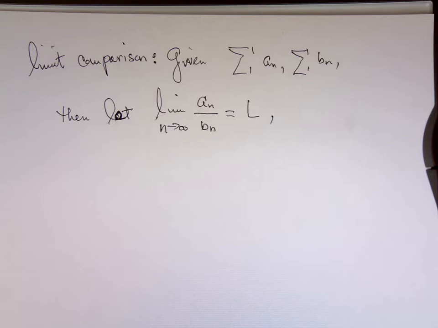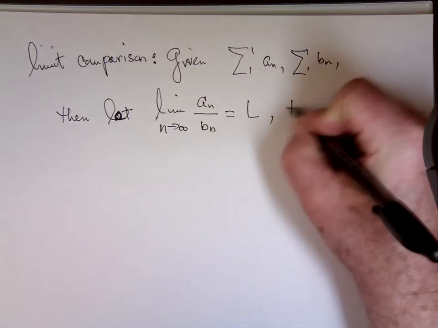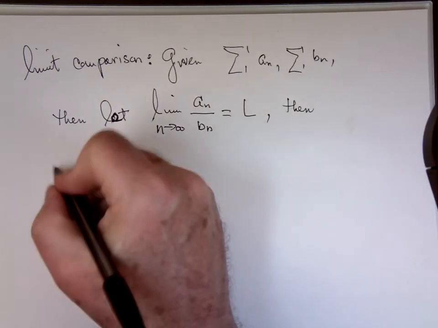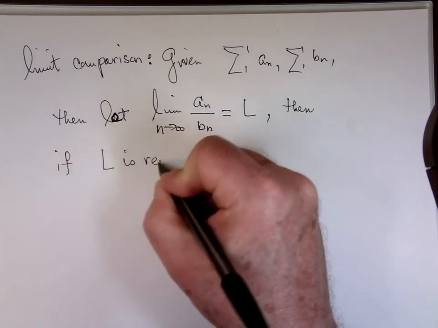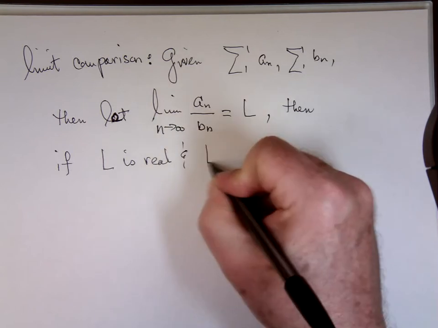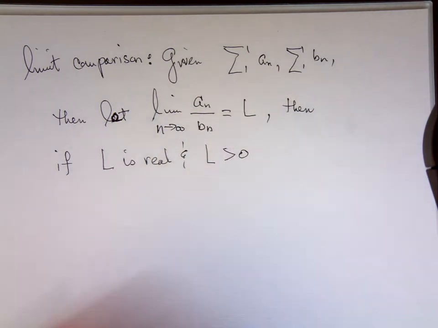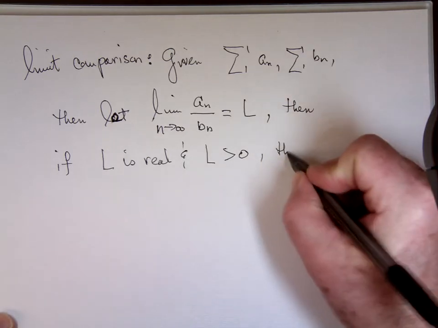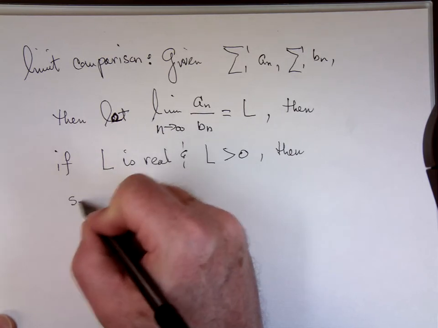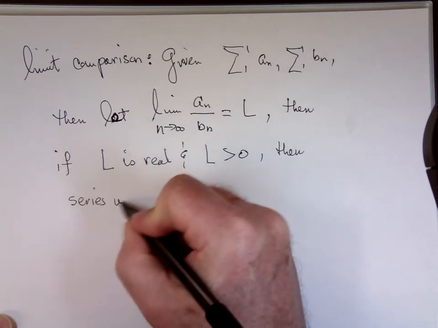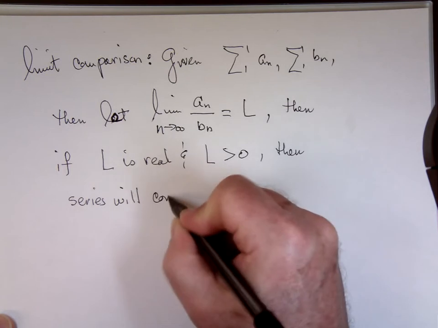Let that limit equal L. Then, if L is real and L is greater than 0, in other words, the limit exists and is greater than 0, then the series will converge or diverge together.